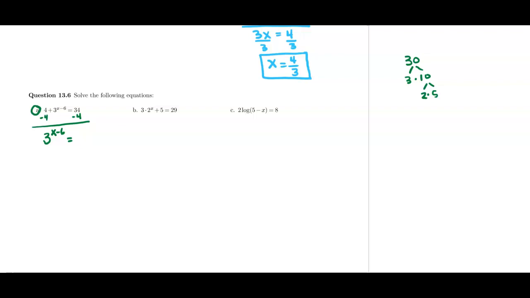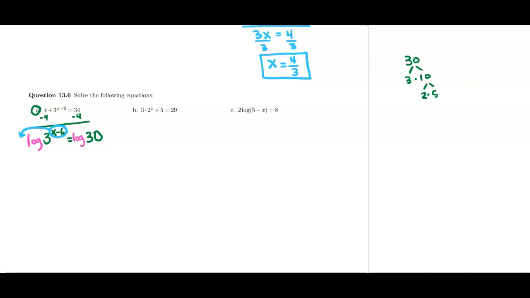Let me move this 30 over just a little so when I write in my log here, it'll be a little bit easier to see. So I'm going to take the log of this side, and I'm going to take the log of this side. The whole purpose for taking the log is that now I can take that exponent, let me circle it here, and this exponent can now come down in front.